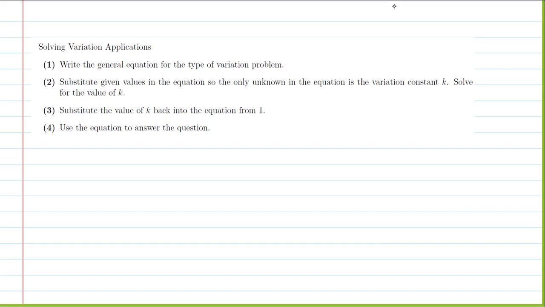Three, we will substitute the value of k back into the equation from step 1. We're going to also take note, and we'll talk about this, it may be useful to save k into our calculator.